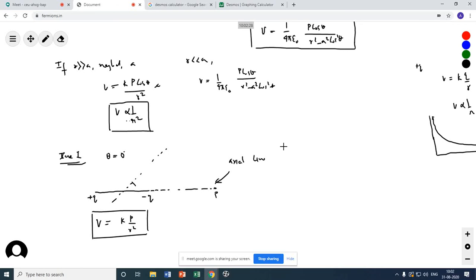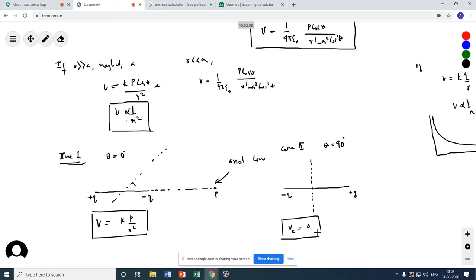Now case 2: when theta equals 90 degree, we are talking about the equatorial line. So this is our dipole, minus q, plus q. We are talking about the equatorial line. So in that case V equatorial will be 0 because cos 90 is 0.